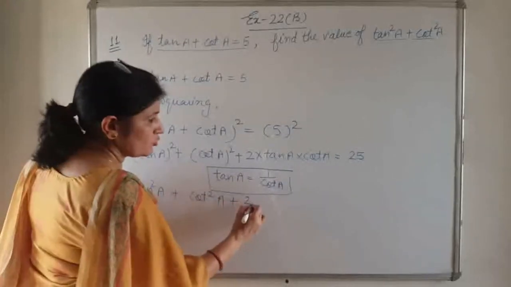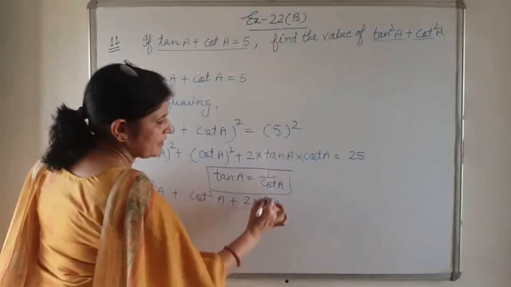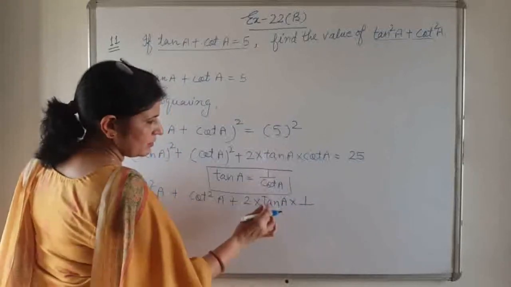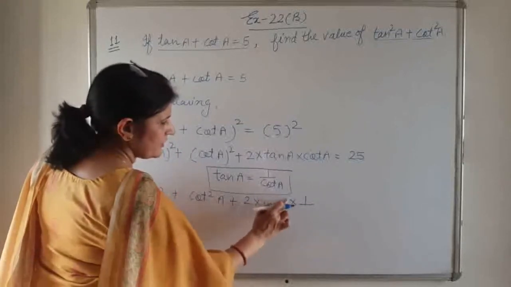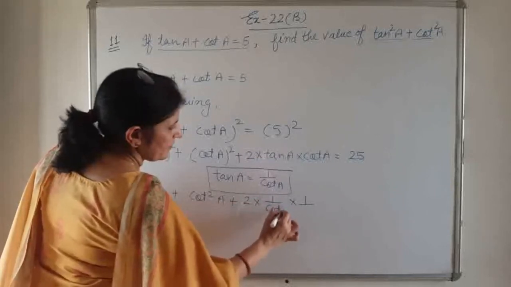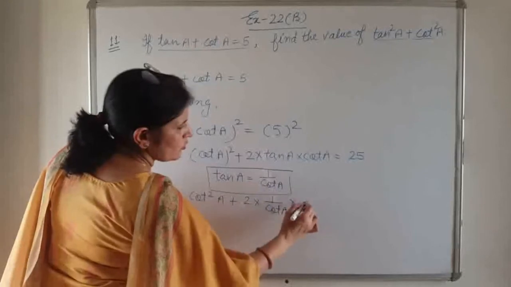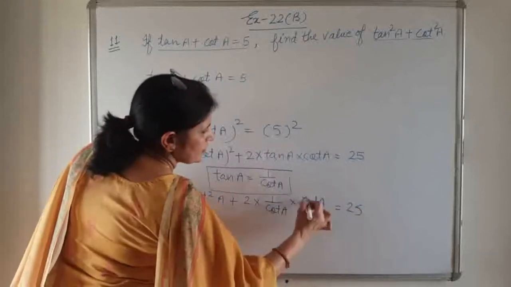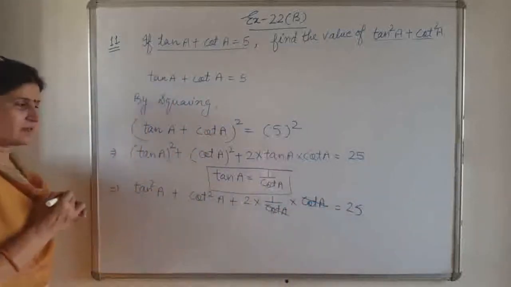Plus 2 into tan A, sorry, here we have to write it as 1 over cot A, into cot A, is equal to 25. This cot will be cancelled.